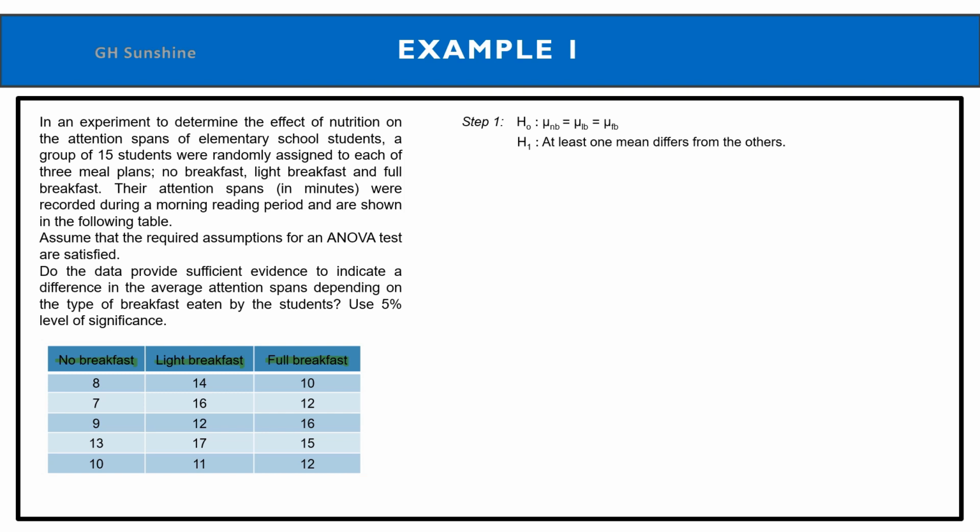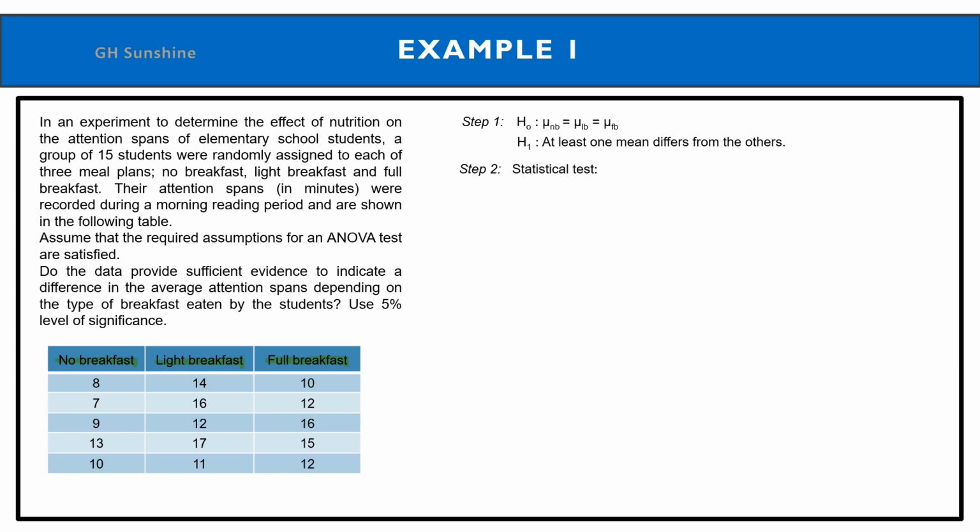H0: mu no breakfast equals mu light breakfast equals mu full breakfast. Meanwhile, H1: at least one mean differs from the others.